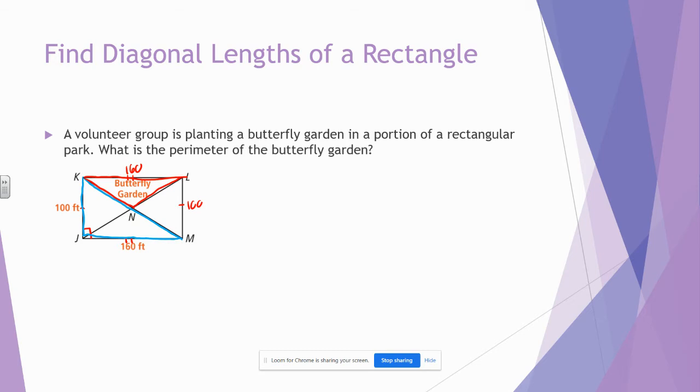So using the Pythagorean theorem, one of the best theorems in all of math, we have, if we call this KM, KM squared is equal to 100 squared plus 160 squared. KM squared is equal to 10,000 plus 25,600.